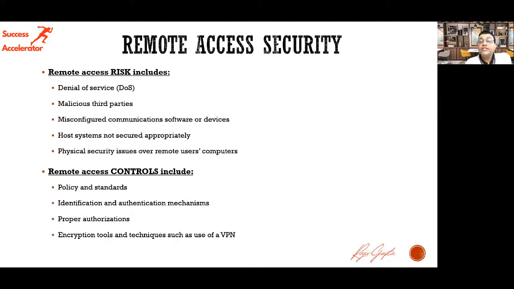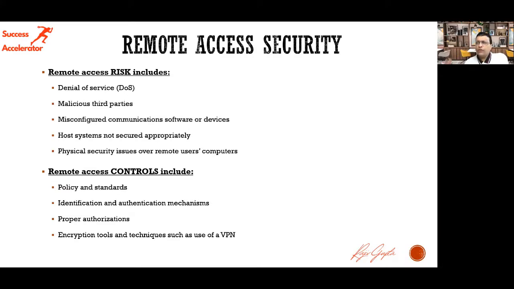Then how identification and authentication is done. Authentication, guys, we discussed in the last video. It is more about passwords, OTPs, single factor authentication, dual factor authentication, and so on. So what type of those controls have been set up?